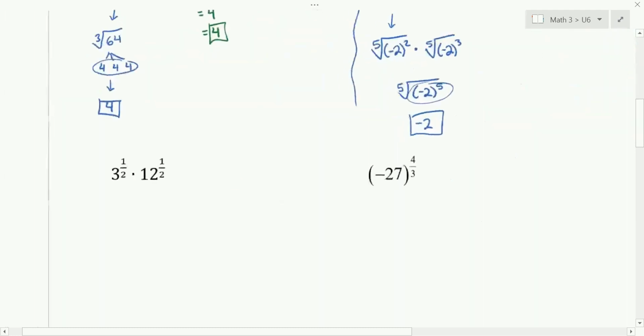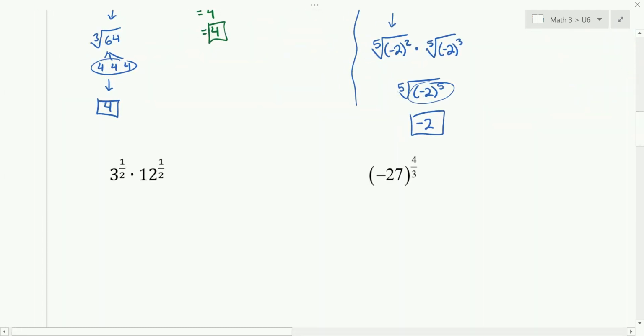How about 3 to the 1/2 times 12 to the 1/2? The bases don't match in this case. Can I add the 1/2 plus 1/2? No. You have to have matching bases to work with those rules of exponents. So here we don't have matching bases, so we can't handle it like we did with the others.